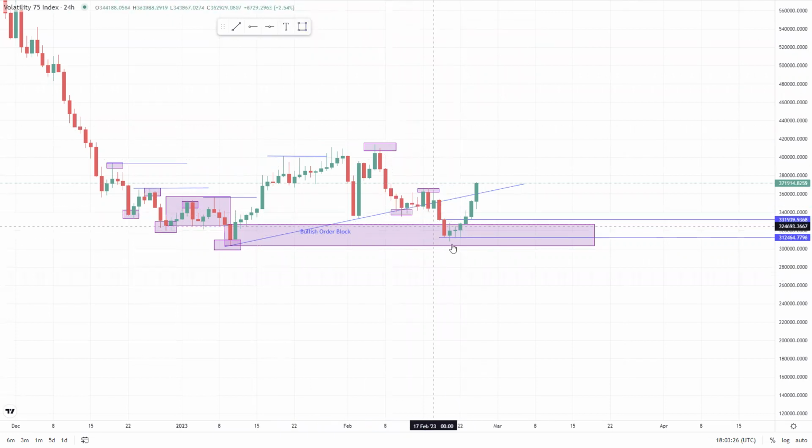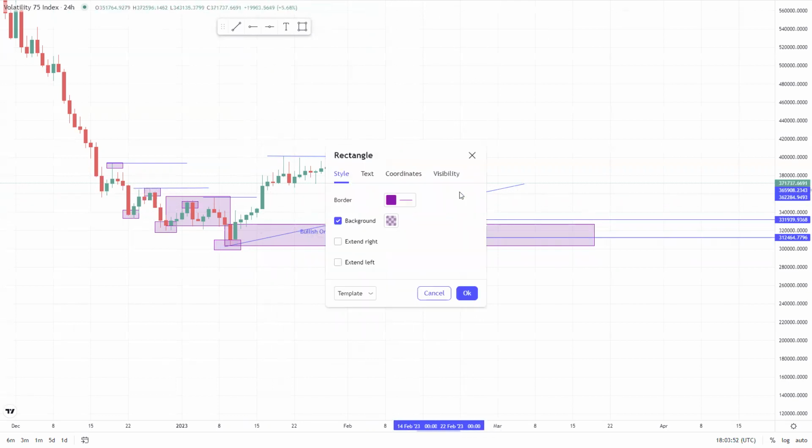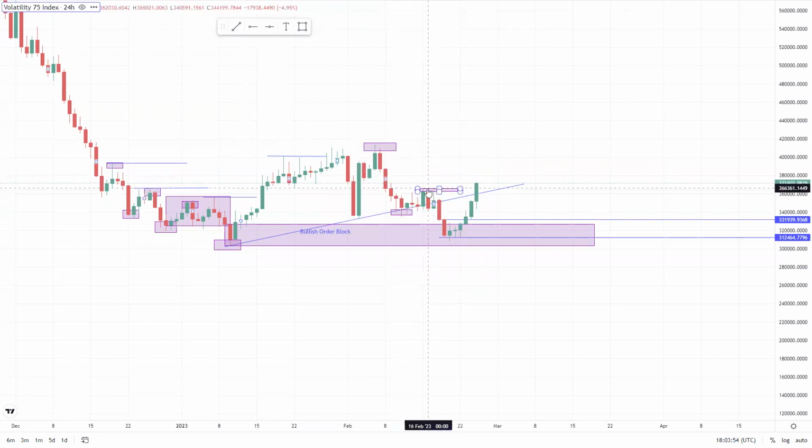And then the market came and established a lower low within the area of an order block, which we should understand was not going to go anywhere because this was a daily order block or a demand which was established in an order block. So the market started making a rise. As you can see, these candles are looking healthy, and the market has also managed to break this previous lower low.